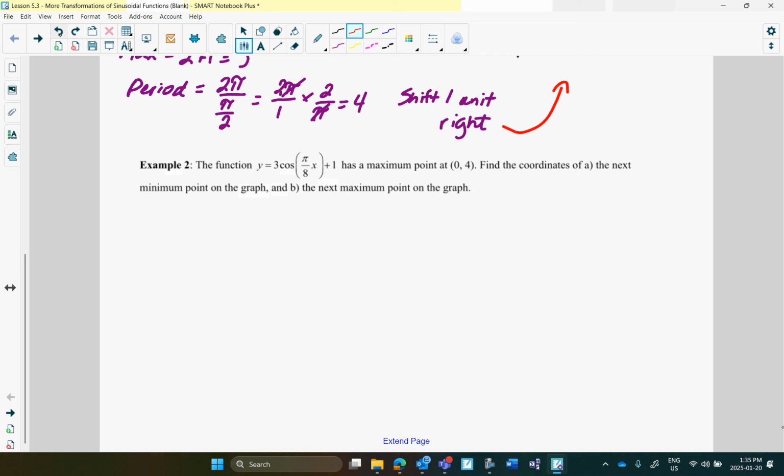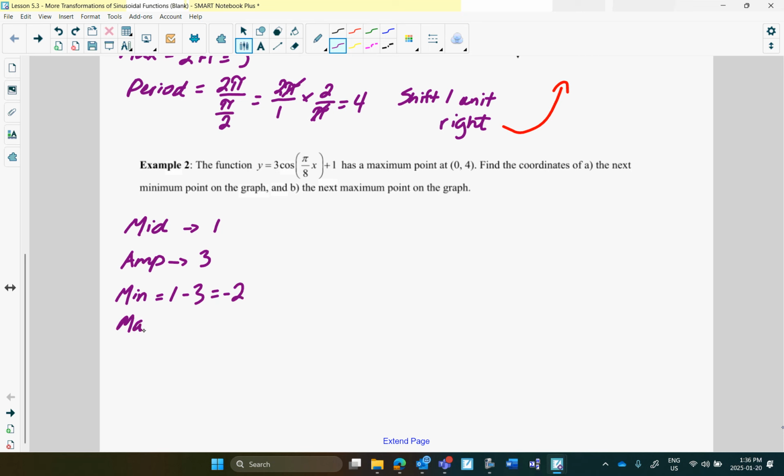Without worrying about this right now, what might be something good to do? Graph it. See what it looks like, because then it'll probably be easier to see. So let's graph it. What's the mid? 1. The amplitude? 3. Which means that the min is 1 minus 3, or negative 2.